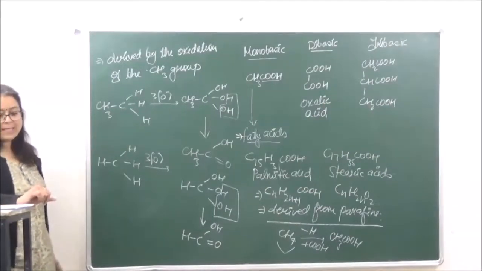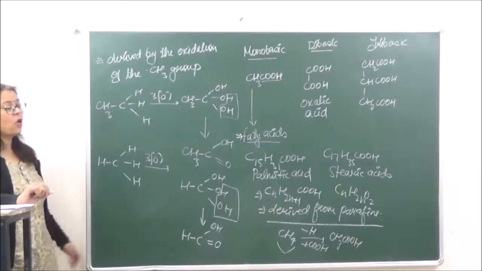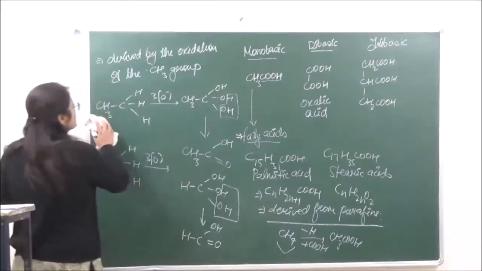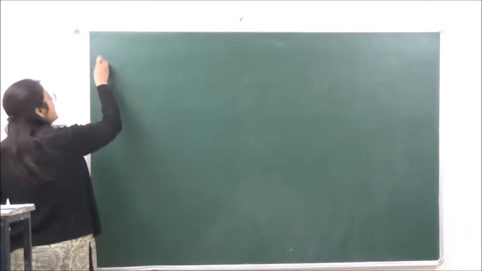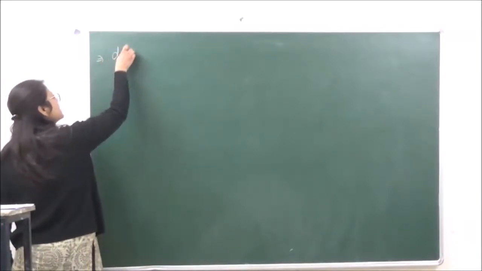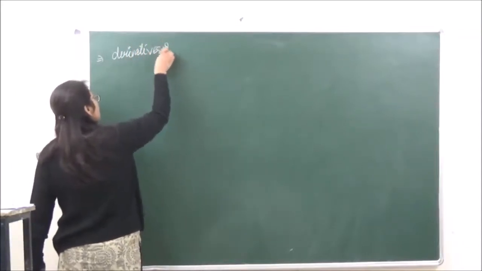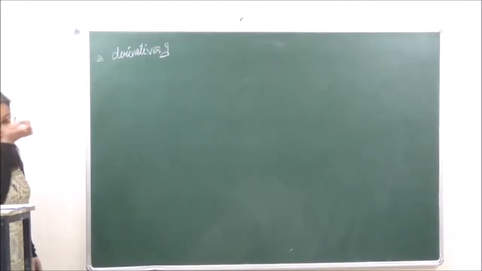Now monocarboxylic acids can also be regarded as derivatives of carbonic acid. This is the fourth method which we are going to discuss.